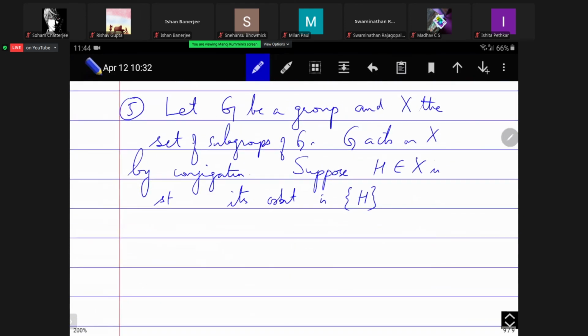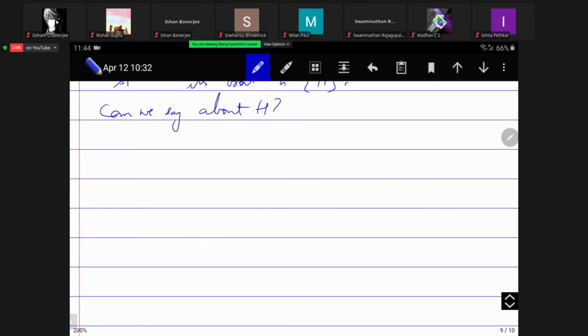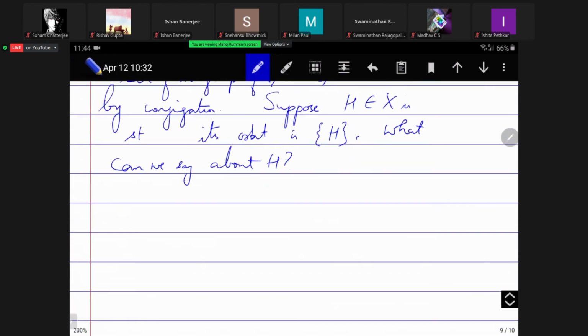So what if the orbit of H is a singleton? Then what can we say about H? This means that for all g inside G, phi g of H is H. But what is phi g of H?